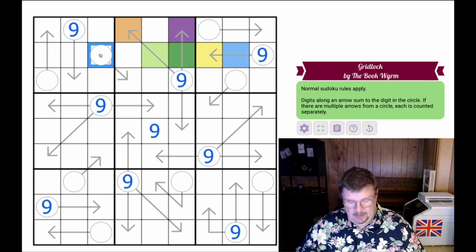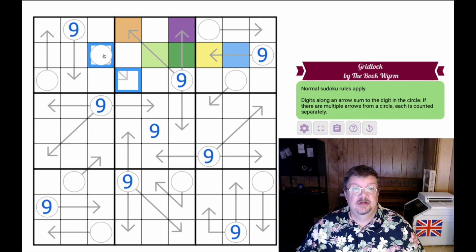Okay, this cell, these 2 digits here, we know that they're the same digit, because it's a 1 cell arrow, and so this digit sums trivially to that value.